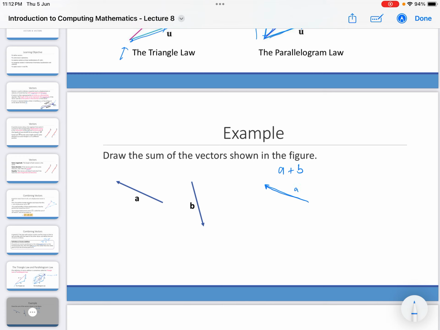And then at the terminal point of A, we draw vector B. So B, we have something like this. And then we can combine, from the initial point of A to the final point of B. So we get this. This is vector A plus B.